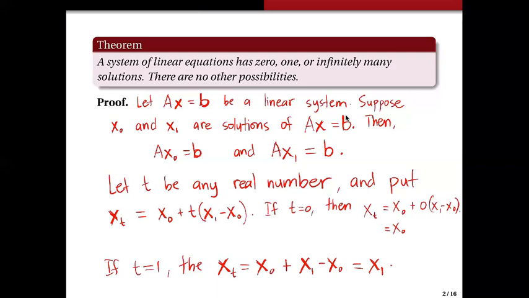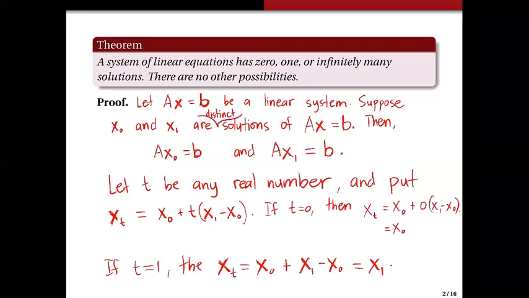Now, I did not mention it, but we are assuming x sub 0 and x sub 1 are different, distinct solutions. So let's add that condition: x sub 0 and x sub 1 are distinct solutions.